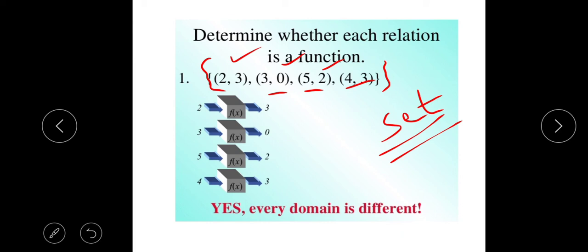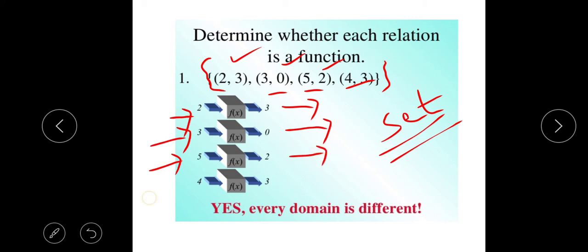So here (2, 3), the first element, means that when you are inputting the value 2, the output will be 3. (3, 0) means when you are inputting the value 3, you will get the corresponding output as 0. (5, 2): when you are inputting 5, the output is 2.